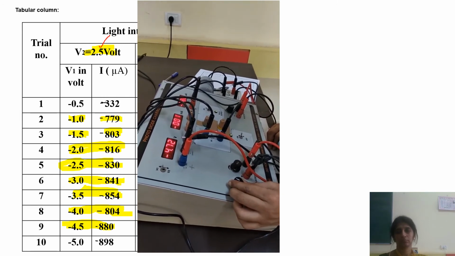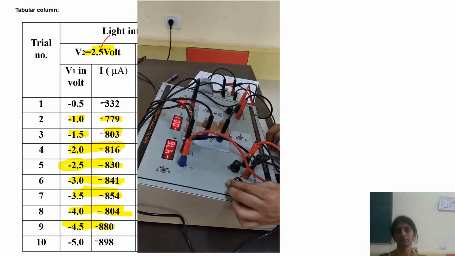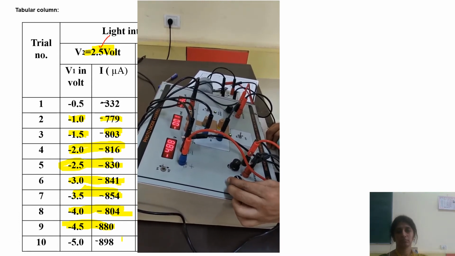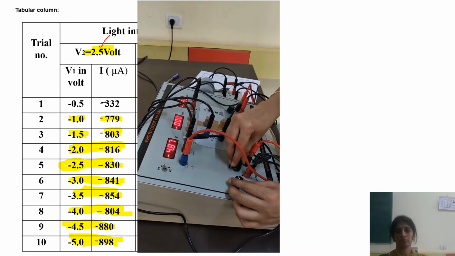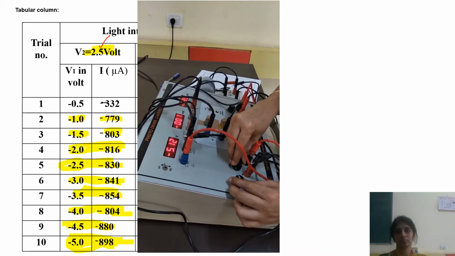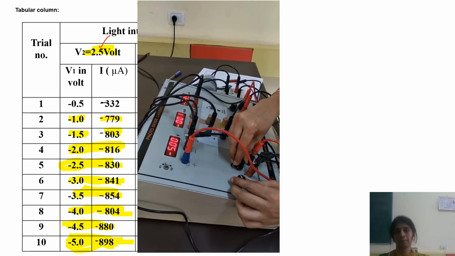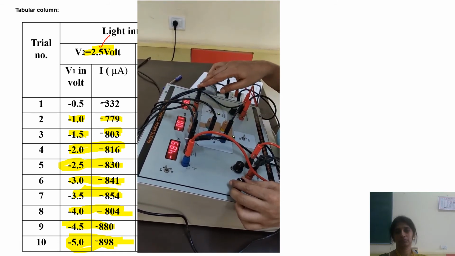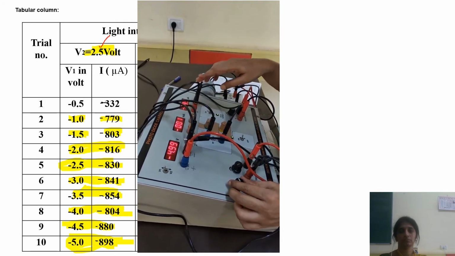Next, keep it for 5 volt and note down the corresponding current. For 5 volt, the current is found to be 898 microampere.